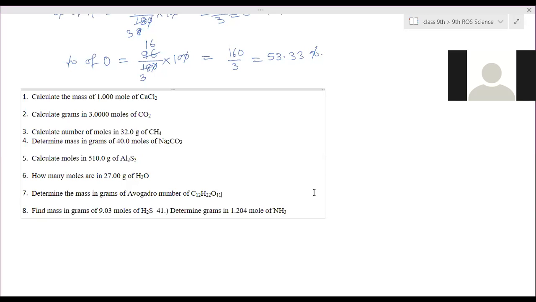Ma'am, second question, calculate grams in 3 moles of CO2, means mass only. Mass.